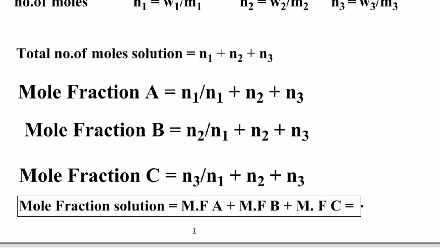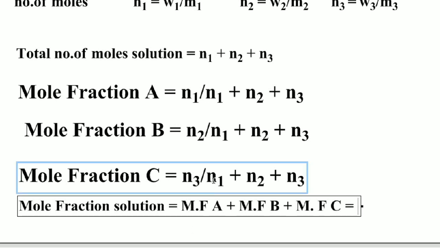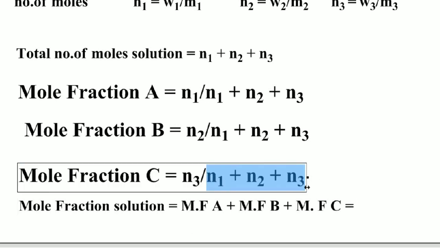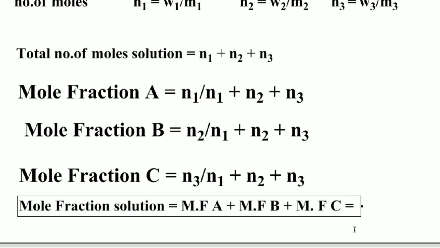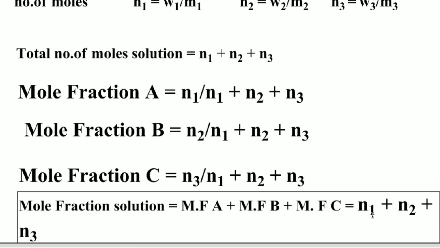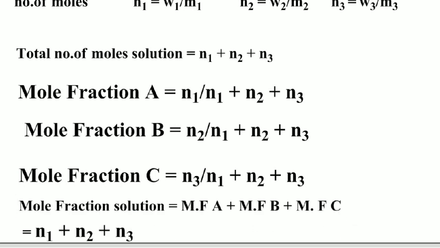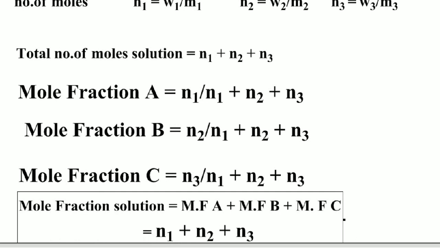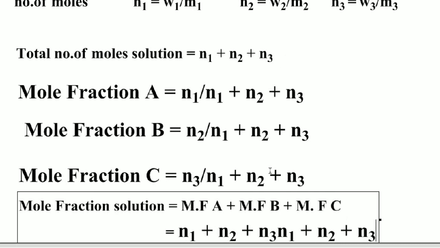Finally we get N1 plus N2 plus N3 by N1 plus N2 plus N3, that equals 1.